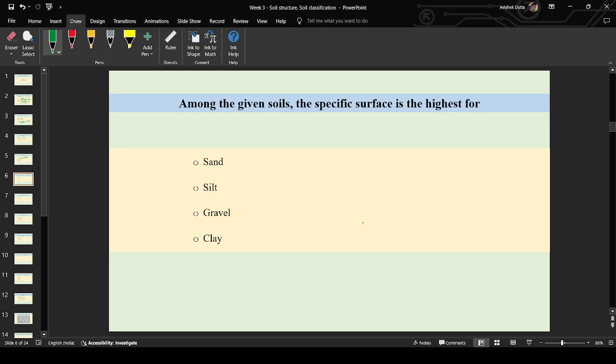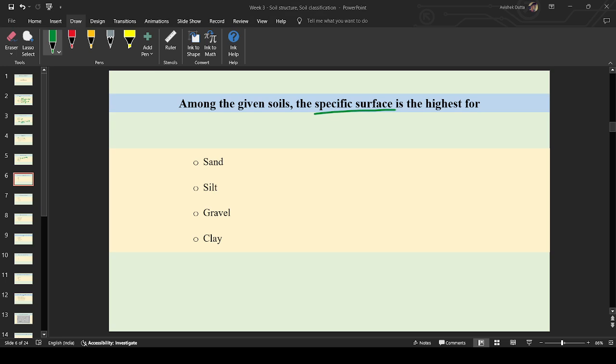Clay is the correct option. Why? First of all, tell me what do you mean by specific surface? Surface area, only surface area. How can surface area be highest or lowest for a soil?